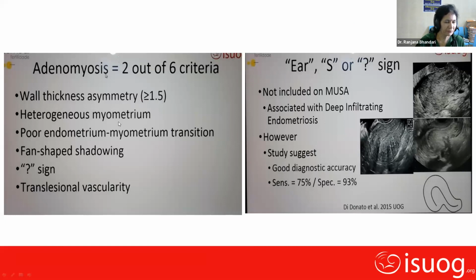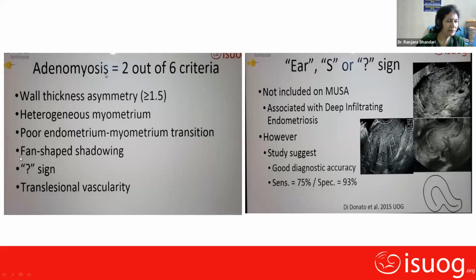Heterogeneous myometrium, because you will find hypoechoic, hyperechoic, cystic areas. Poor endometrial-myometrial transition zone, fan-shaped shadowing, and question mark sign, that I will tell you about, and translesional vascularity, that we will read again in the next few slides.